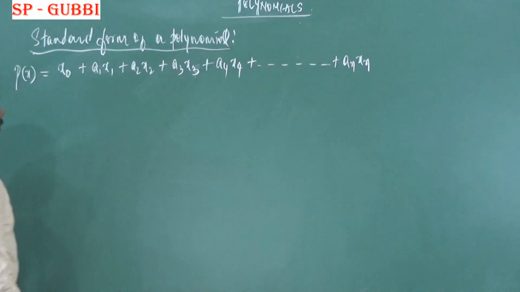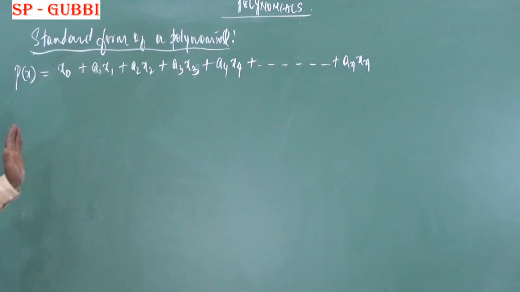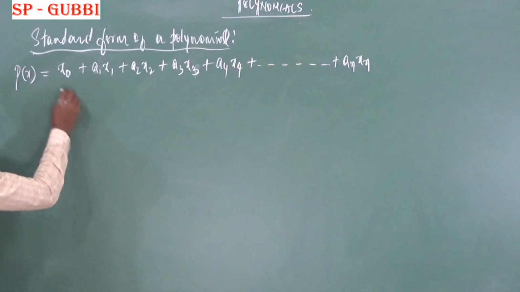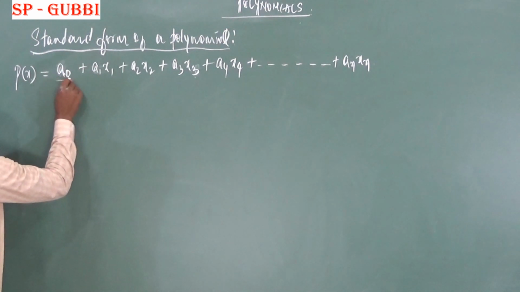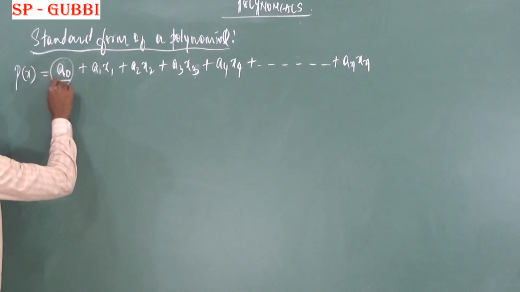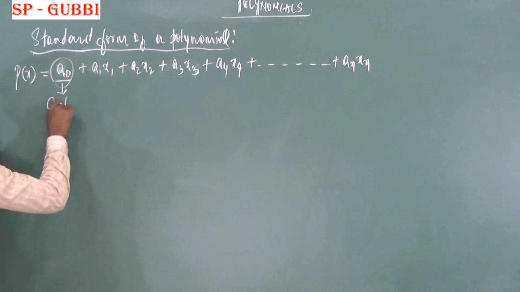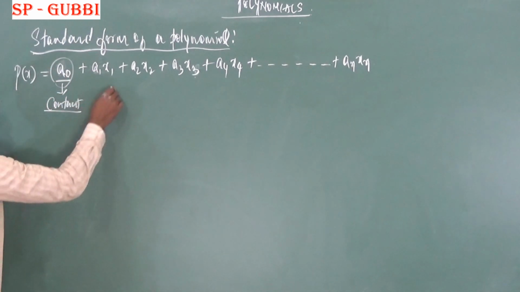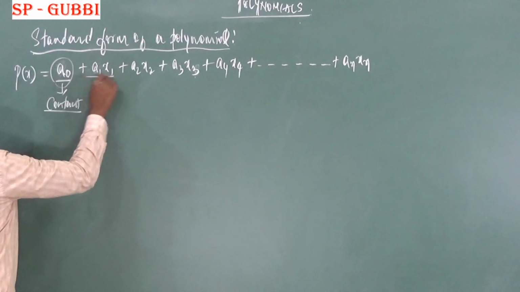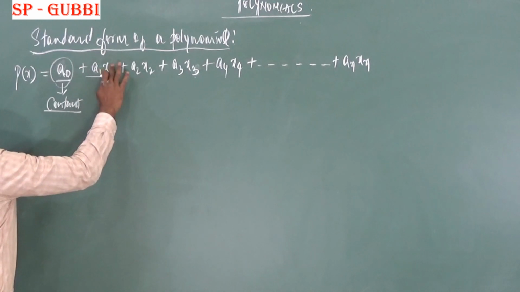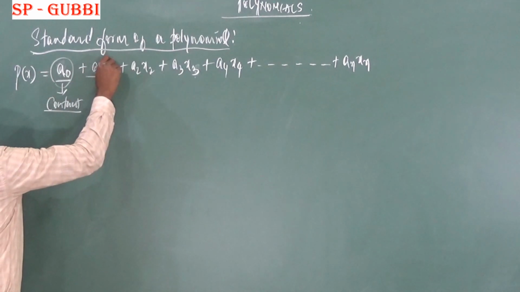So this is the standard form of a polynomial. Here, a0 means it is a constant. You remember this? A0 is a constant. A1 x is nothing but the term of the polynomial.